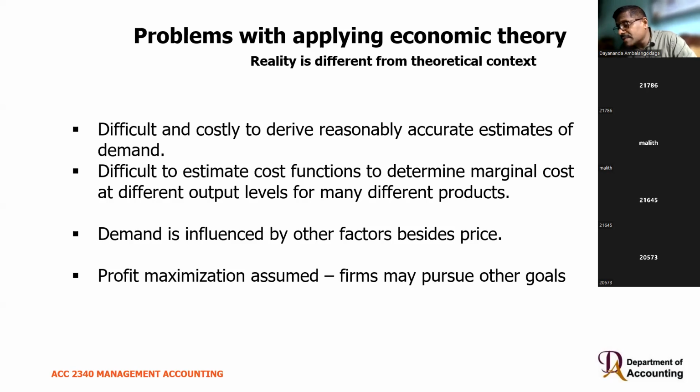But you know that if you can classify the cost into variable cost and fixed cost, it's easy. But here, the case is not like that. You may categorize cost into different segments. Then demand is influenced by other factors besides price. Profit maximization is assumed, but the firm may pursue other goals. So those are the weaknesses.